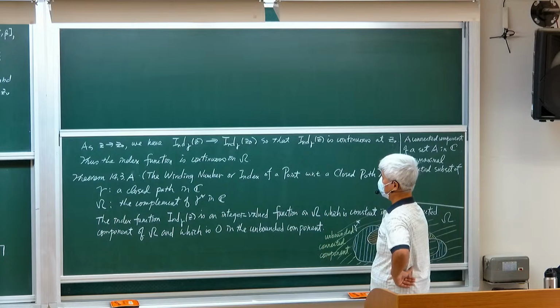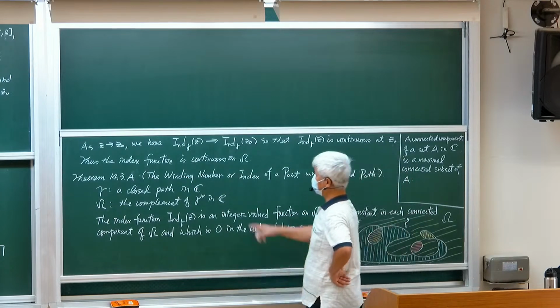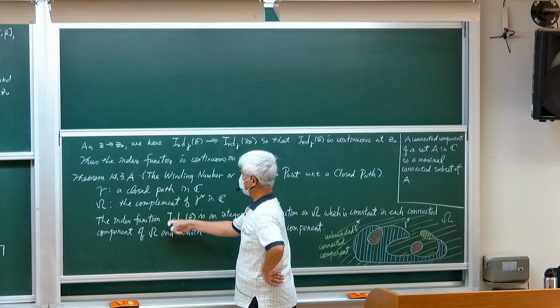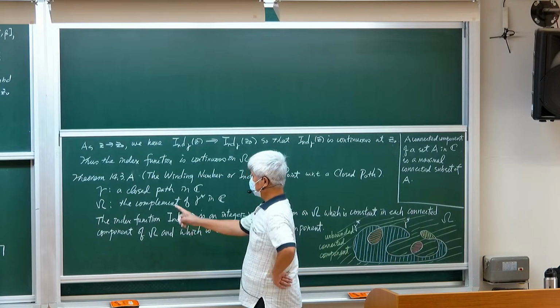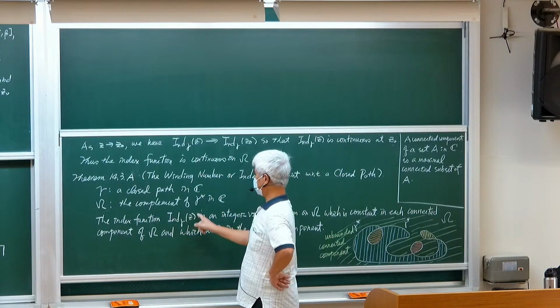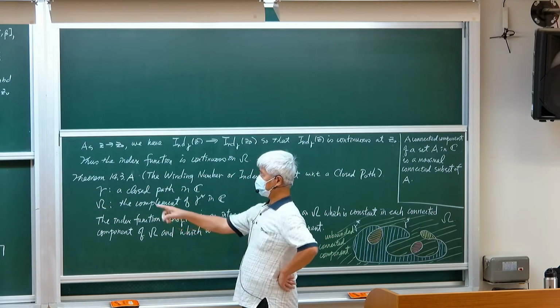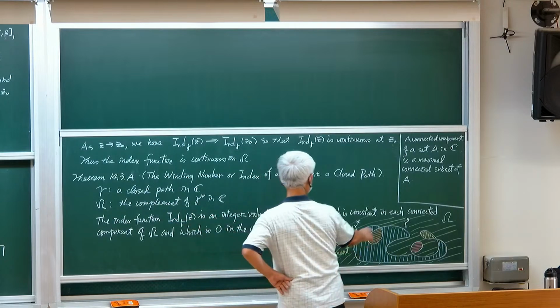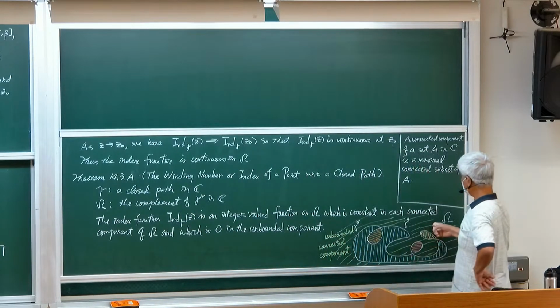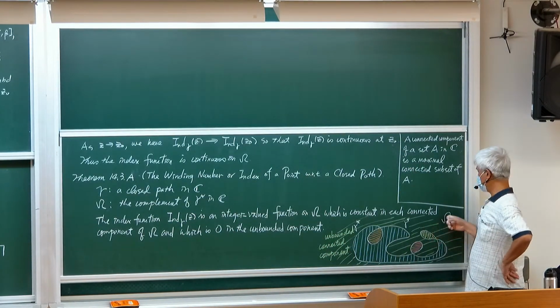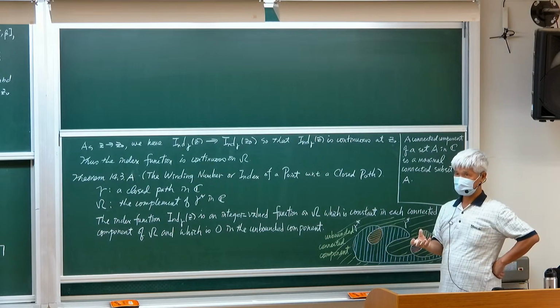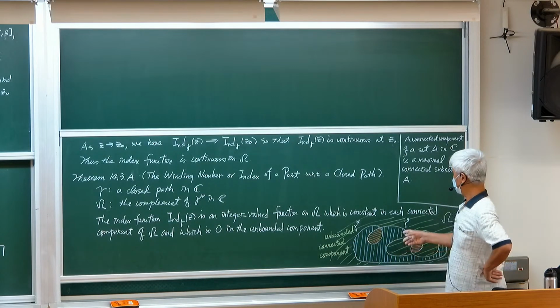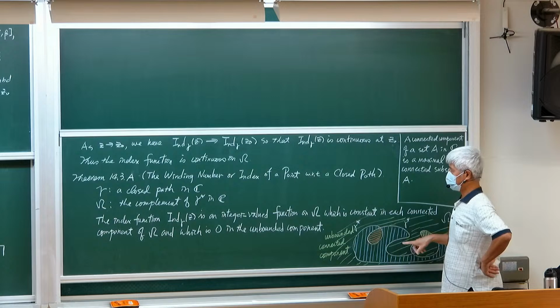Okay. Now the theorem tells us about the index function, which is defined on omega. So every point in omega has an index with respect to the closed path gamma.